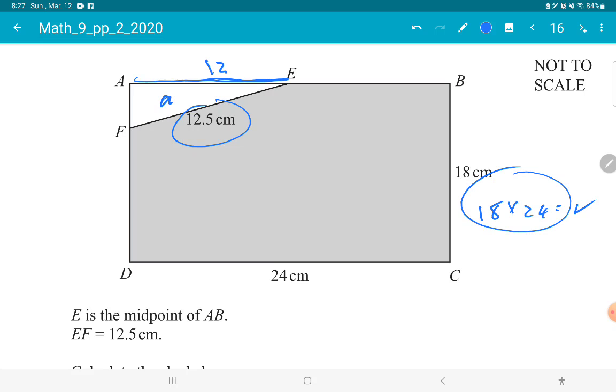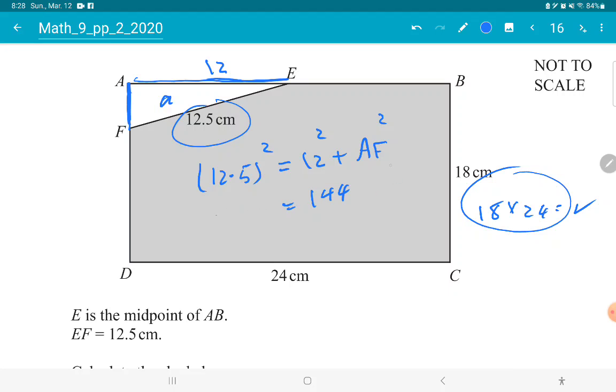The hypotenuse is given, and AE, it's a midpoint of 24, so that's 12. This is the Pythagorean theorem. We need AF. AF squared, let me write it in terms of the hypotenuse: 12.5 squared equals 12 squared plus AF squared. Since the calculator is given, 12 times 12 is 144. 12.5 squared, use your calculator, but this is bigger than 144.